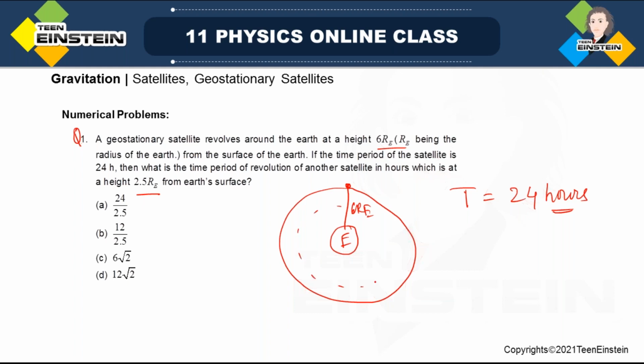Another satellite is there at 2.5 RE away from the center, this orbit.